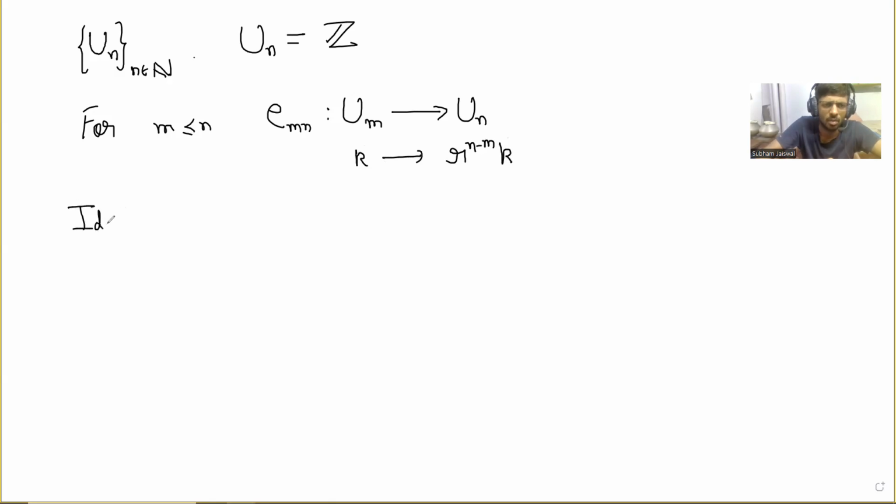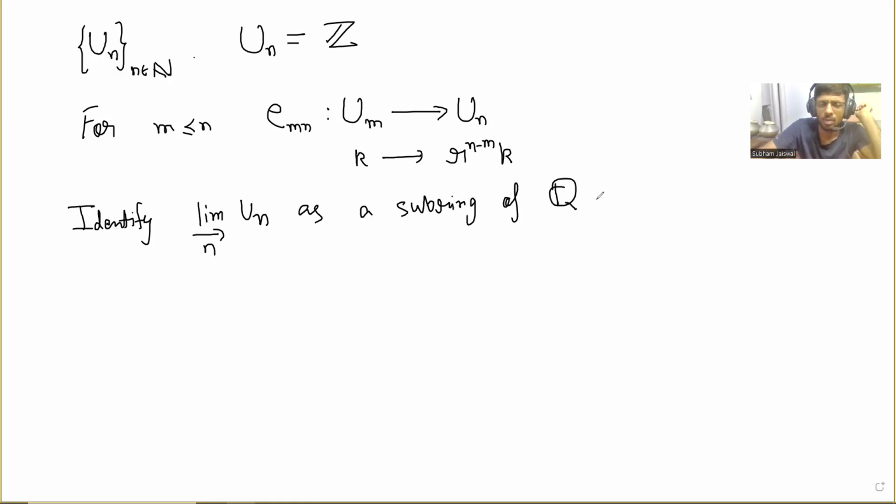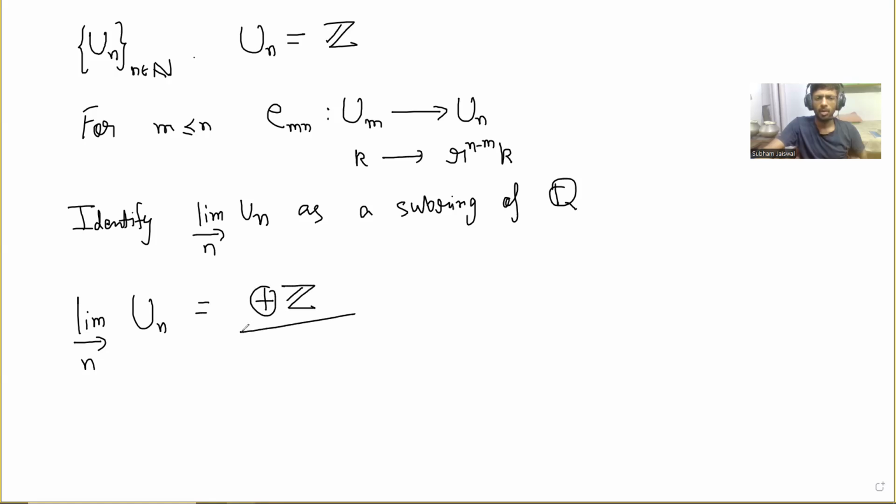Then the question is to identify the direct limit of U_N as a subring of Q. So you're saying that this direct limit is not a direct product, it should be a direct sum, modulo something.